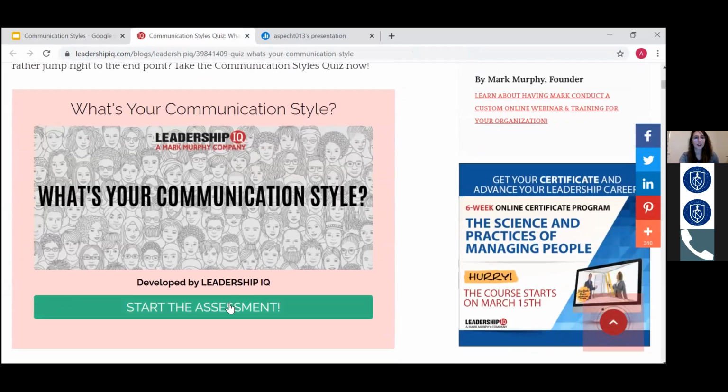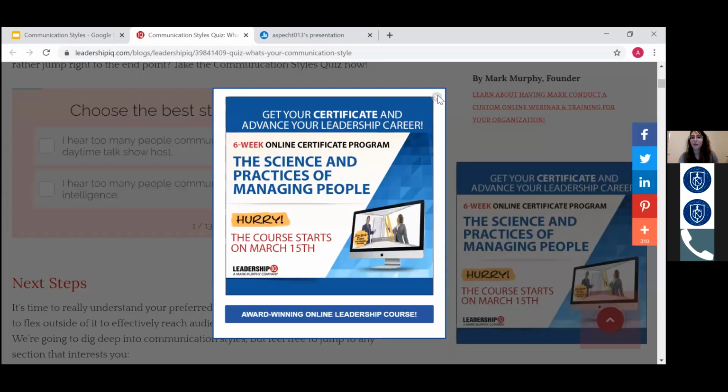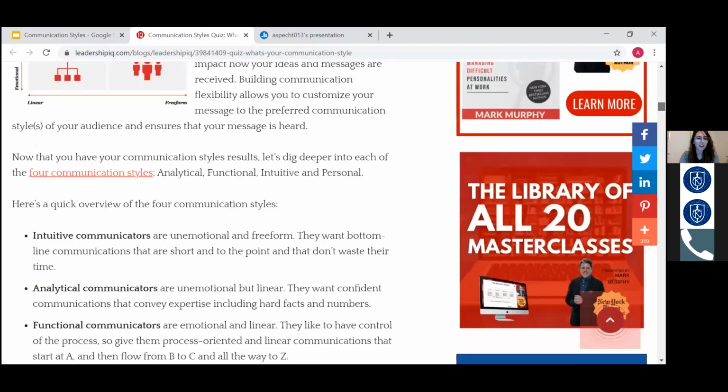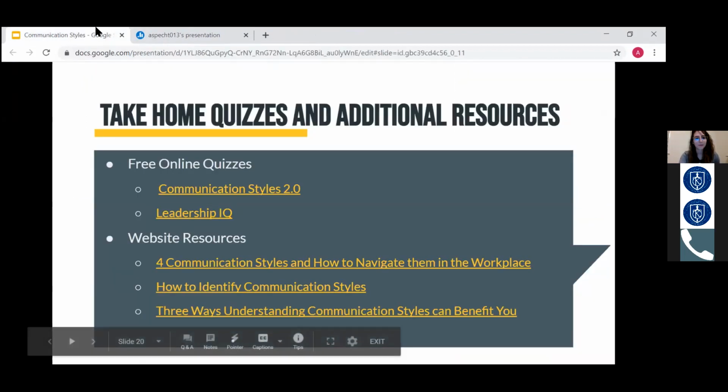So here is a quick little assessment. It's kind of like what we did today in our Flow Everywhere, and it'll take you less than 5 minutes. It's 13 questions, and it'll give you one of 4 communication styles. So they have theirs listed as analytical, intuitive, functional, and personal. So very similar to what we've talked about today.